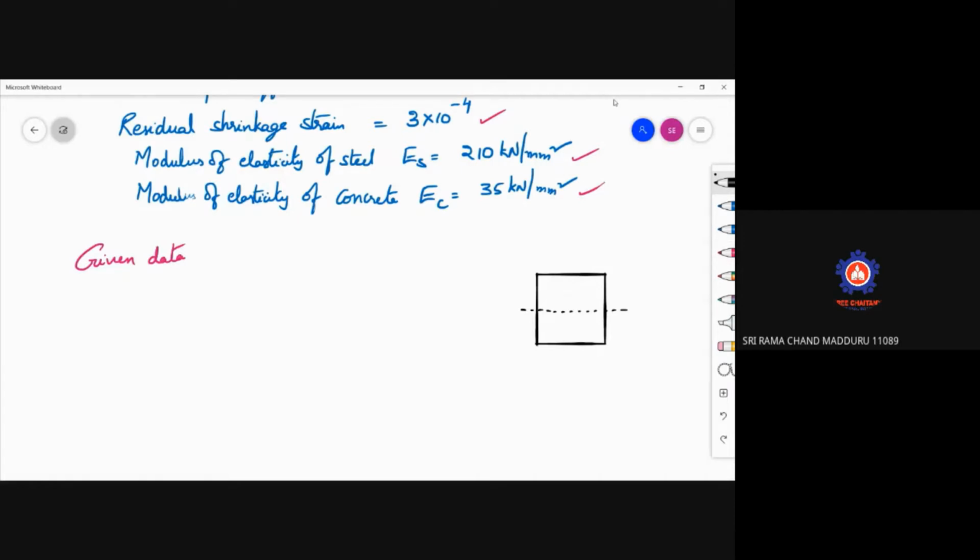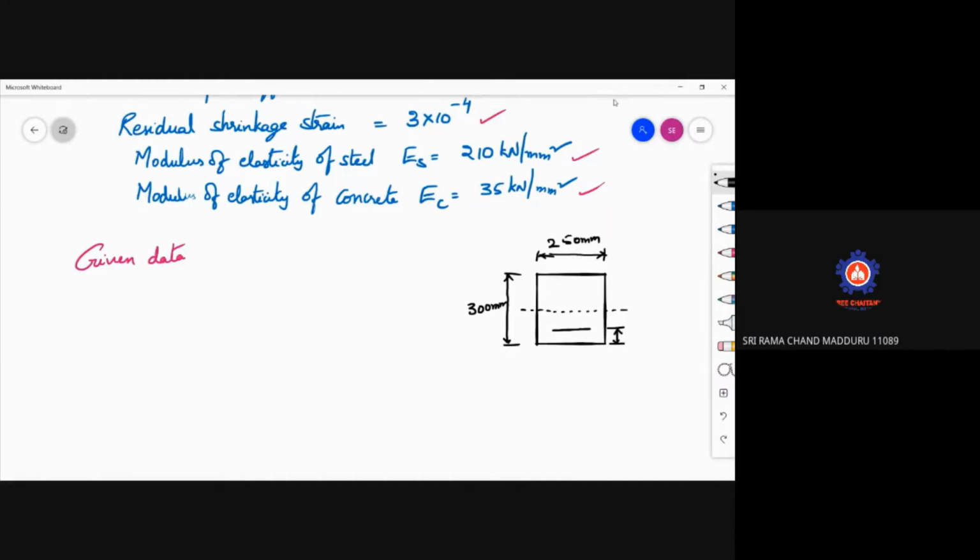And it is given that the width is 250 mm, and the depth here is 300 mm. So here the level of prestressing steel is somewhere here, and it is mentioned that the centroid of all the CGs from the soffit.